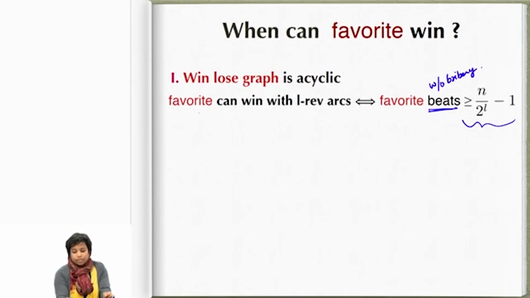So favorite can win with L reversed arcs, right? So it says that there exists an SBA with V star with L blue arcs somewhere in the SBA, correct?